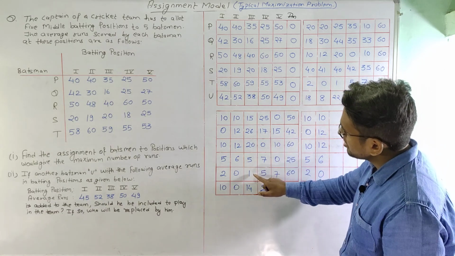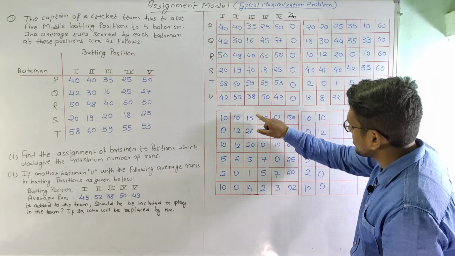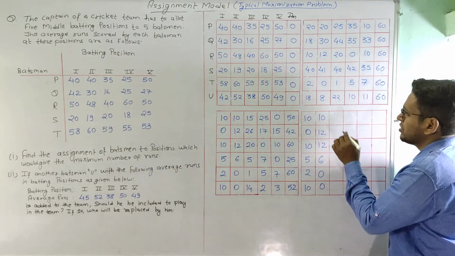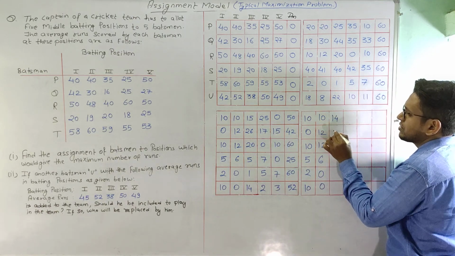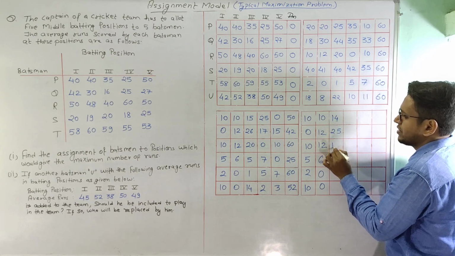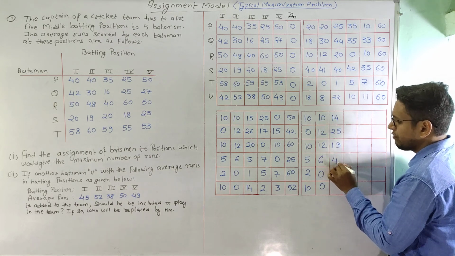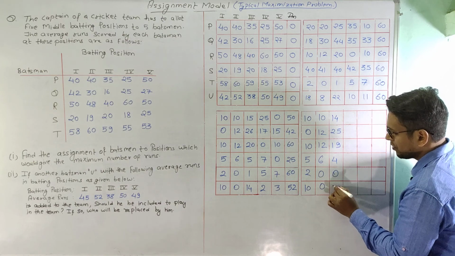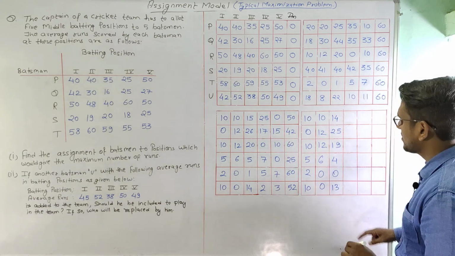Now for column 3 the minimum value here is 1, so 1 is subtracted from each element in this column, so this will be 14, 25, 19, 4, 0 and 13.